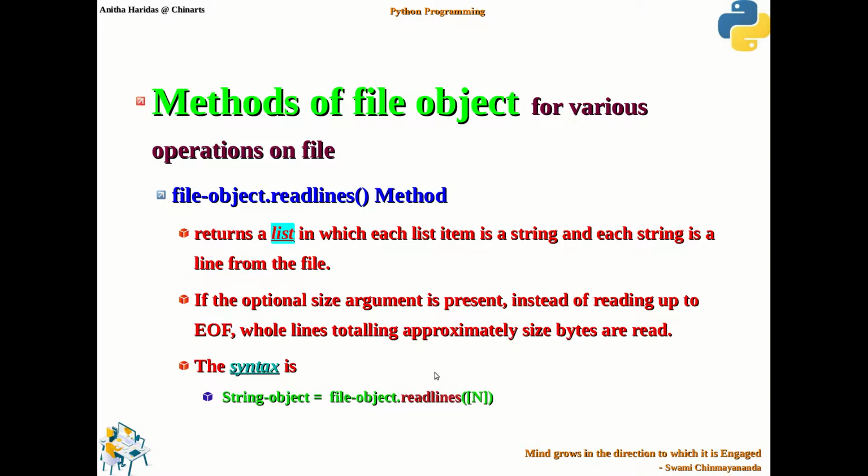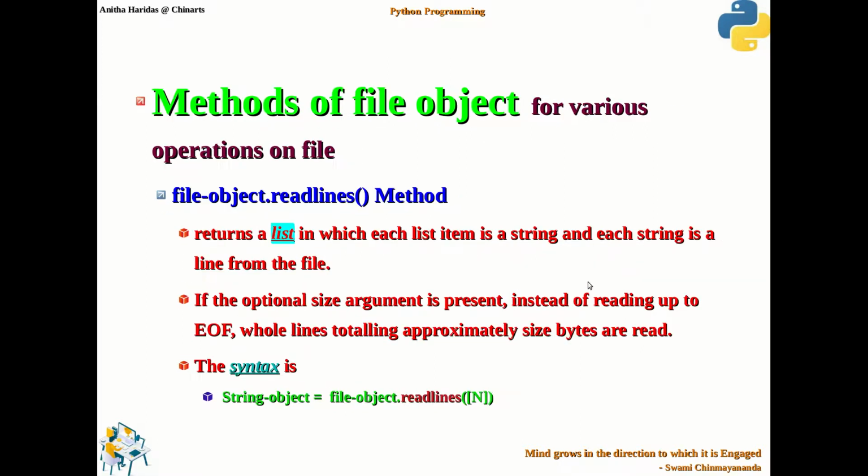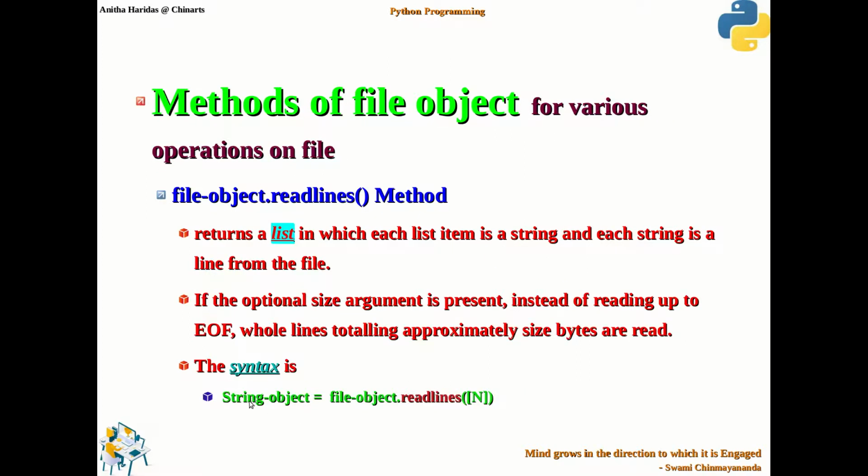Here it returns a line as a string, but there it is going to return more than one line. If it is a file with 4 lines, it will read those 4 lines, create them as a list, and then return it. That is the basic difference. So here the return object is a string, whereas there the return object is a list object.